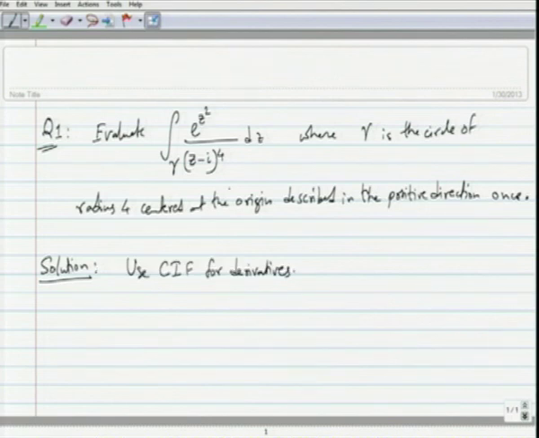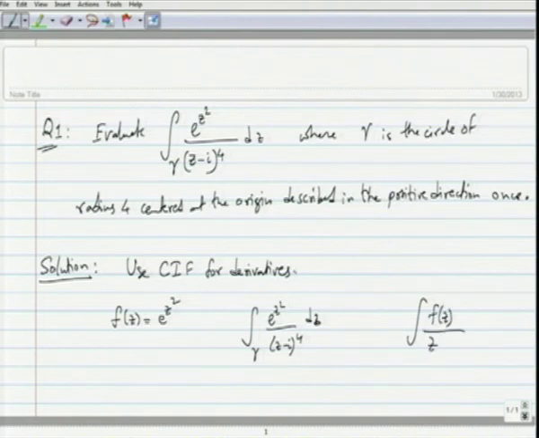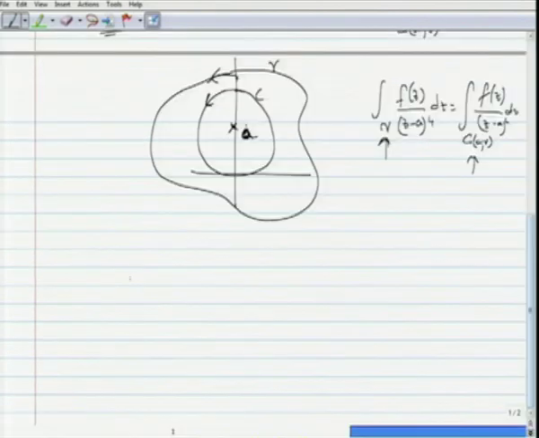So, you should recognize the integral as an integral of a certain form. If you consider f of z equals the numerator e raised to z squared, then this integral over gamma of e power z squared by (z minus i) power 4 dz can be thought of as an integral of the form f of z by (z minus a) power 4 dz, by the Cauchy's theorem version 3, or the deformation theorem.